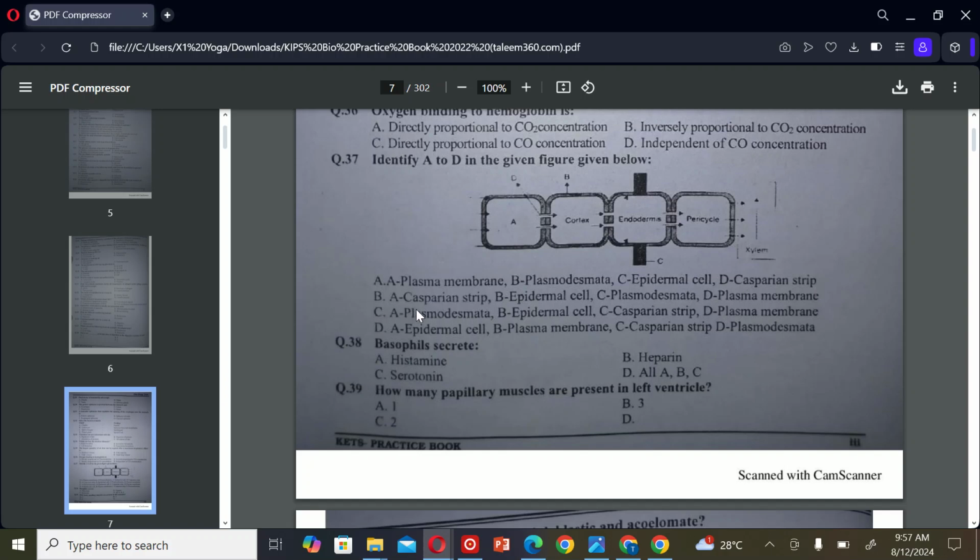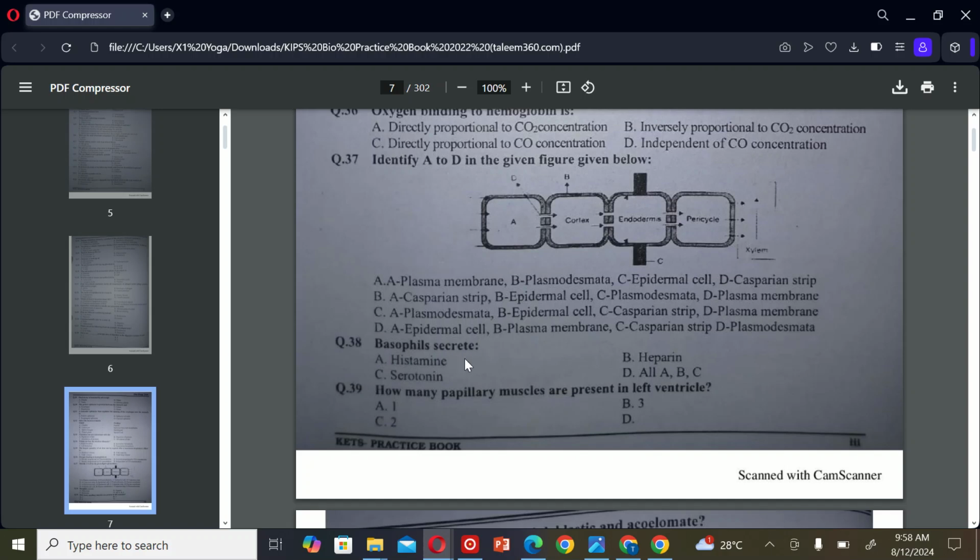Another option set: A. Casparian strip, B. Epidermal cell, C. Plasmodesmata, and D. Plasma membrane. Another: A. Epidermal cell, B. Plasma membrane, C. Casparian strip, and D. Plasmodesmata. So the correct option is D.